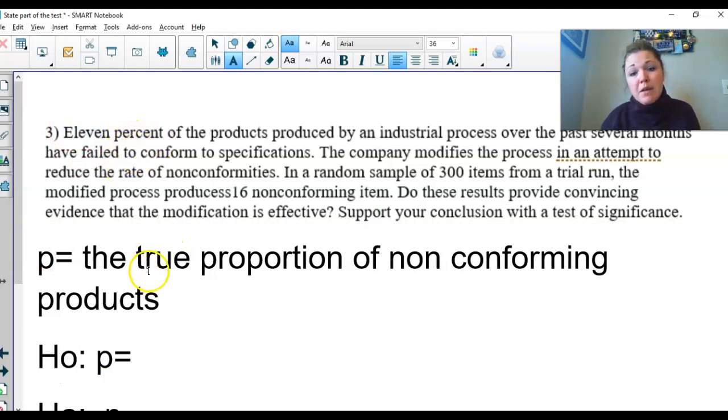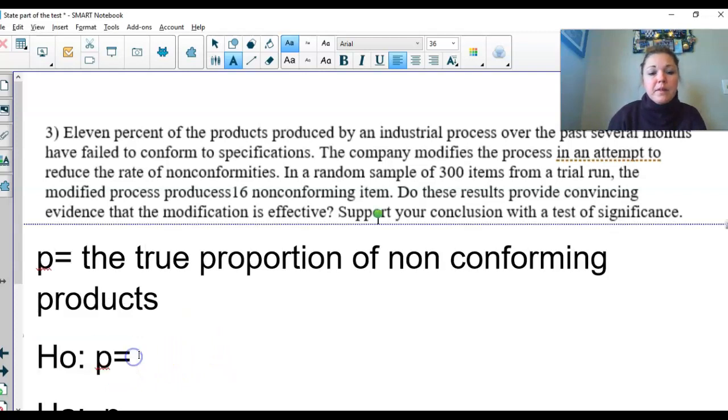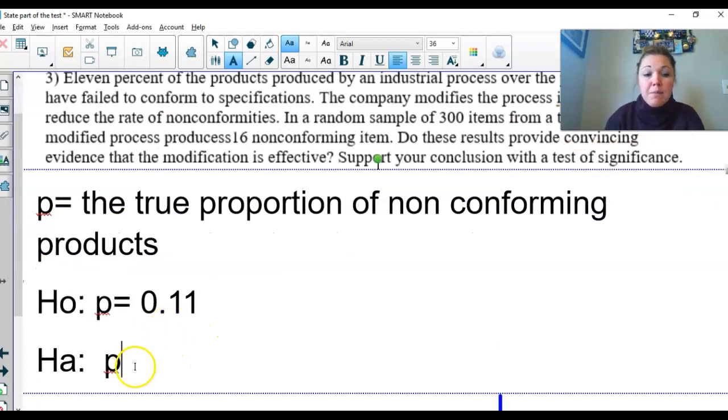That's describing the true proportion right now of non-conforming products as claimed by this industrial process. So I'm gonna put with that P, 0.11. Now these numbers always have to match, 0.11 again, and we just have to decide what goes there.